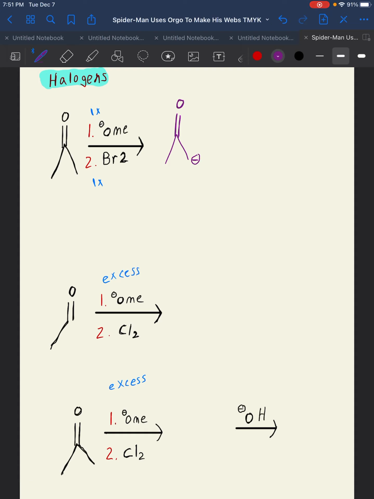Now this can actually break this bond. This would then become positive, acting as an electrophile, and this would become a nucleophile. And as we know from basic organic chemistry, a nucleophile can attack an electrophile, giving you an overall product that looks like this.